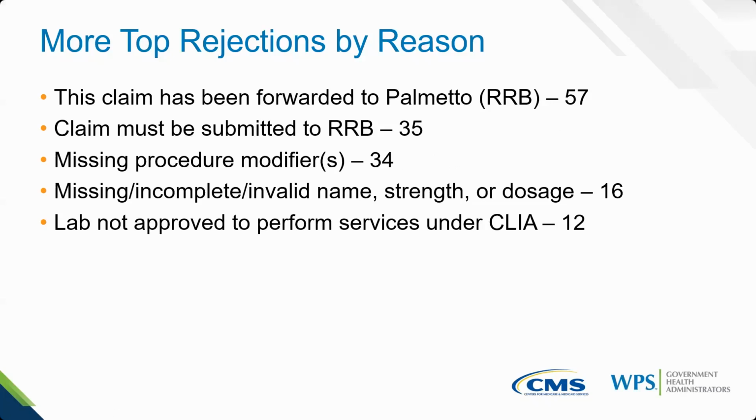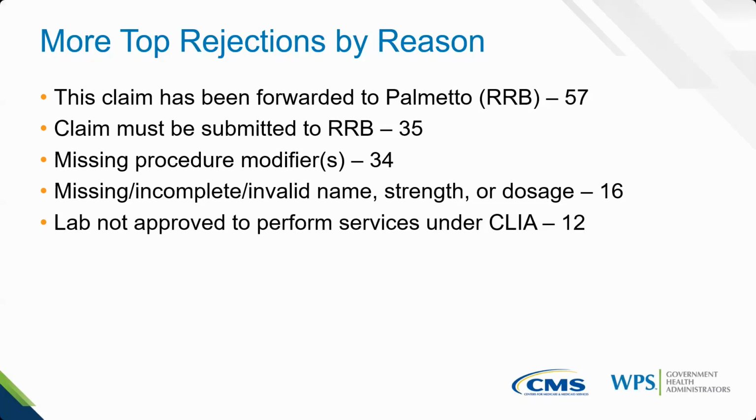That is a company by the name of Palmetto. The difference here is there's two different reasons that are being used to report this. And the difference here is that for one, you need to resubmit the claim or you need to submit the claim to the Railroad Board, which is Palmetto. And the other one, you'll notice that we've submitted the claim for you, or we forwarded that.